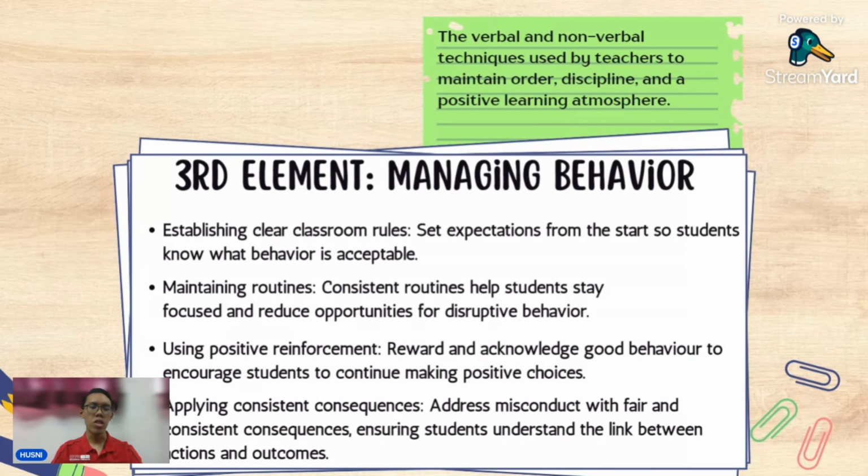The third one is using positive reinforcement, rewards, and acknowledging good behavior to encourage students to continue making positive choices. And lastly, applying consistent consequences. Address misconduct with fair and consistent consequences, ensuring students understand the link between actions and outcomes.